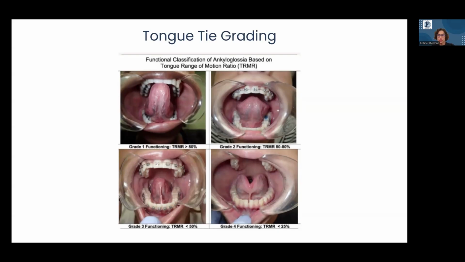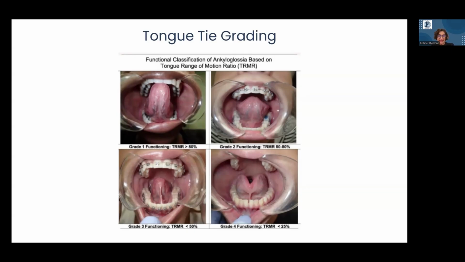If you have concerns about tongue tie, you're going to have them open their mouth as wide as possible, with the tongue down in the mouth, and measure the interincisal opening, which is between the top and bottom teeth. Then you're going to have them put their tongue up on the spot and measure that same opening again.